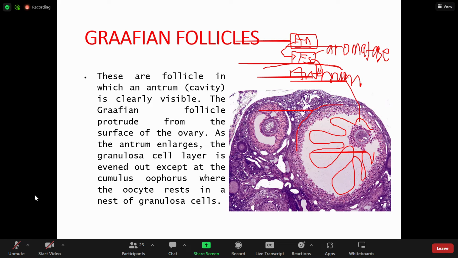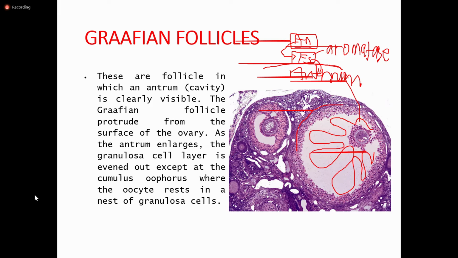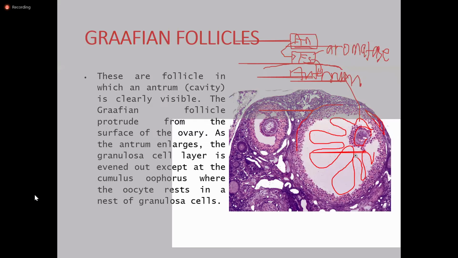Yeah, and please do take note also that the ovum here ay tinutulak na ng antrum or ng follicular fluid, or in Latin we call this as the liquor folliculi, papalabas or papunta dito sa structure na to para mag-ovulate. So in mga embryo book, lagi ninyong nakikita itong structure na ito.